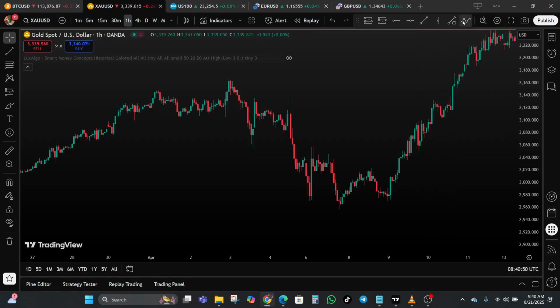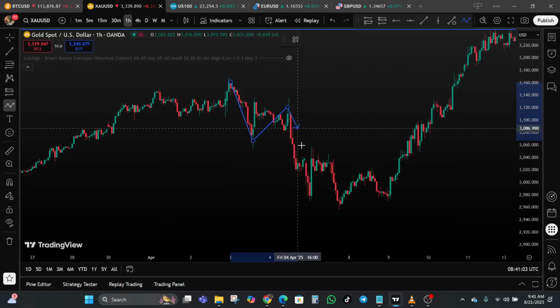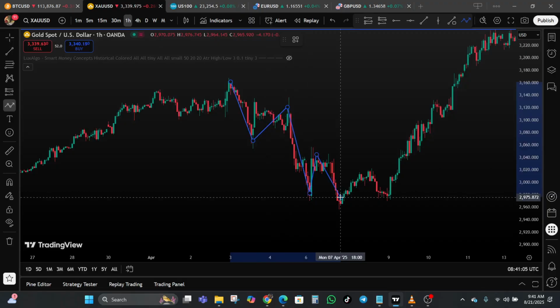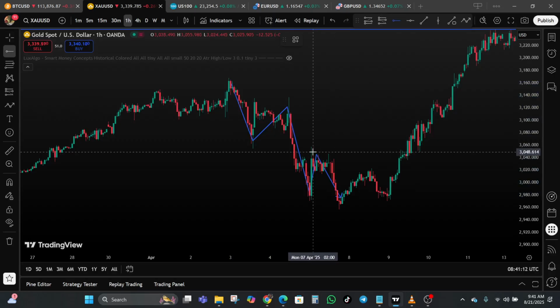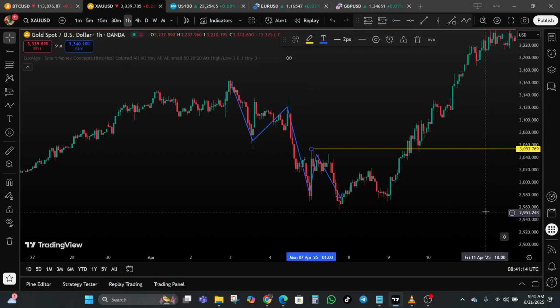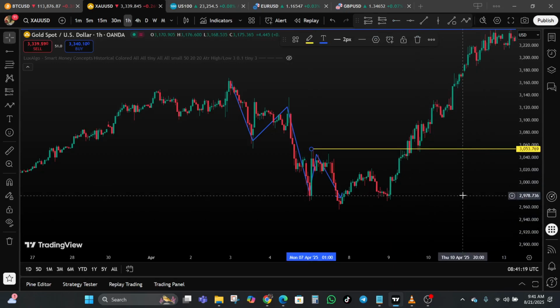First of all, let us talk about market structure. Now, gold tends to move in clear ranges and trends, but the key is identifying shifts in that structure. Now, a break of a previous high, or a break of a previous low, as the case may be, is not just random.